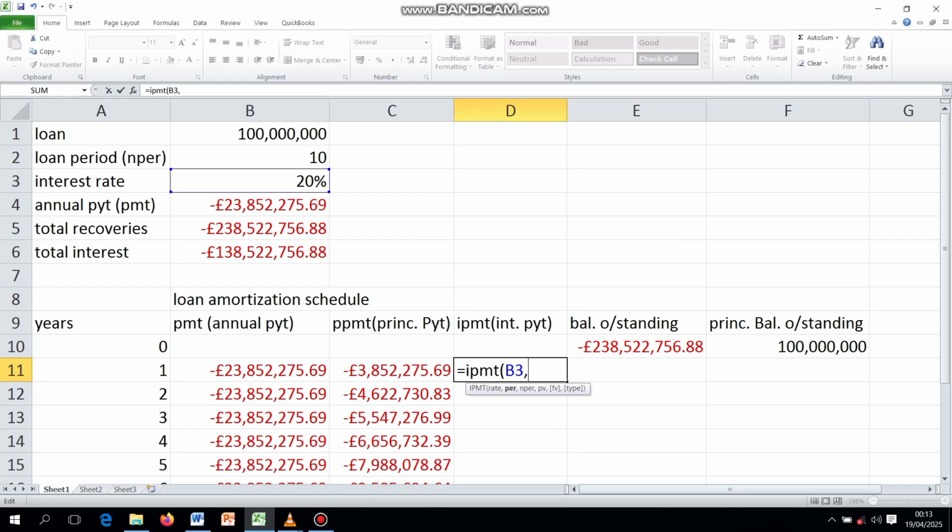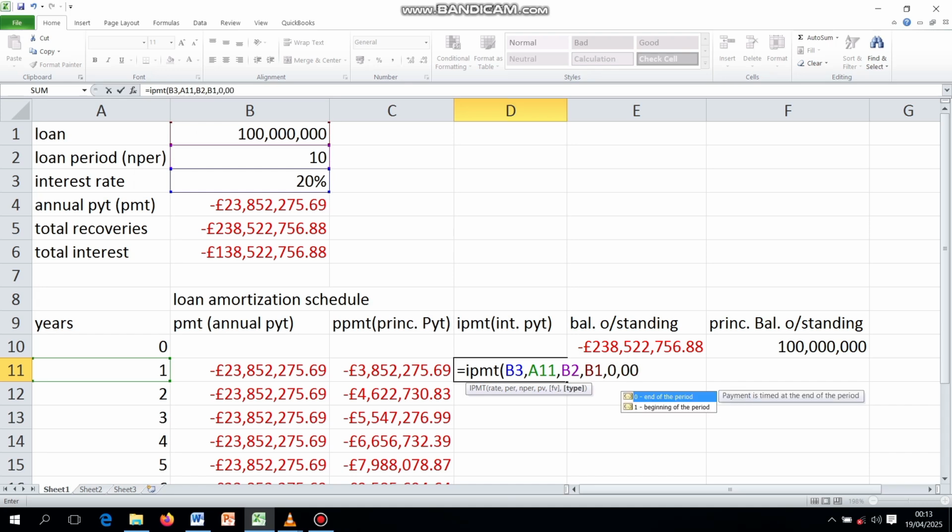I put a comma. Hoping you've seen I had not put a comma, that's why it did like that. So I'm going to put our current period. I also put a comma. Then I'm going to put the whole period. I also put a comma. Then I'm going to put also the present value, put a comma, then the future value, which is 0.